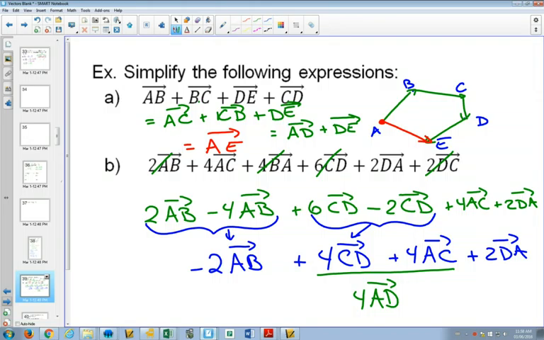Can you also see that I could put these together? Going from d to a. Oh no, those aren't matched up. But if I can change it to, yeah.